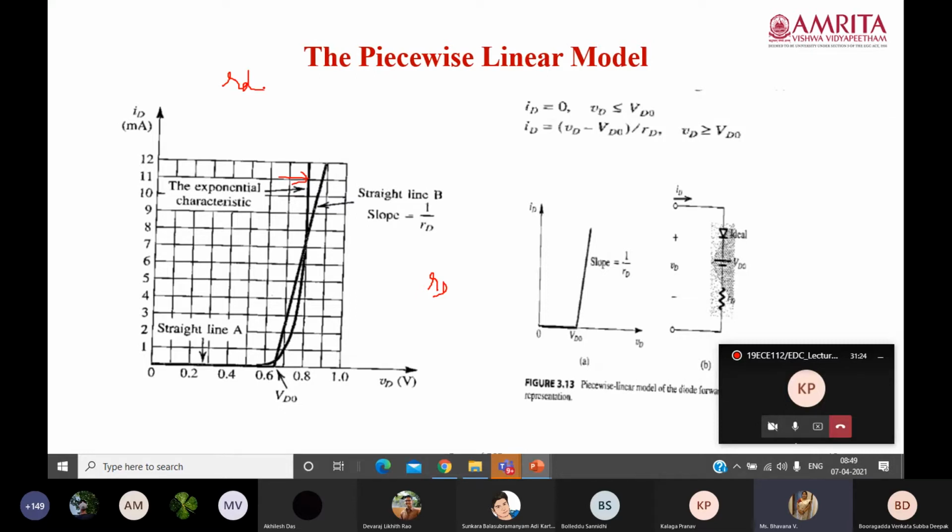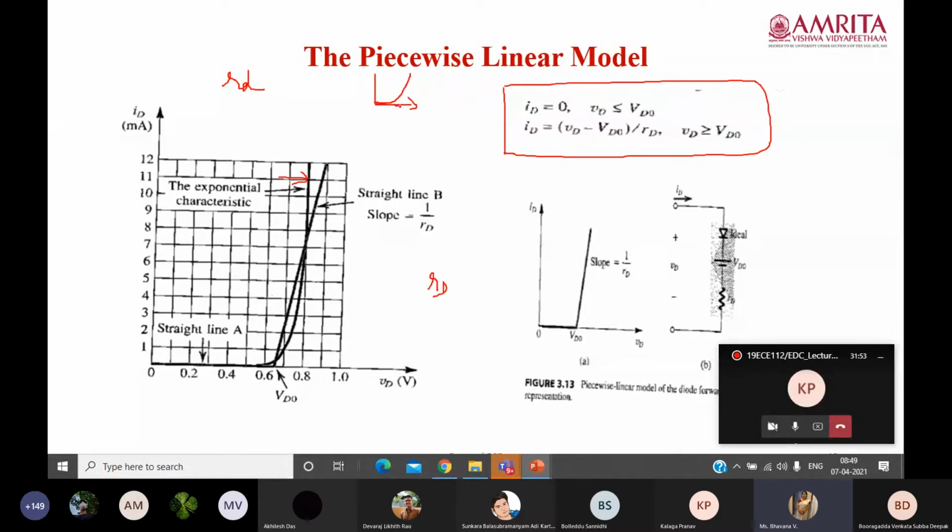The straight lines or piecewise linear model can be described as follows. This is the terminal characteristics of the diode.